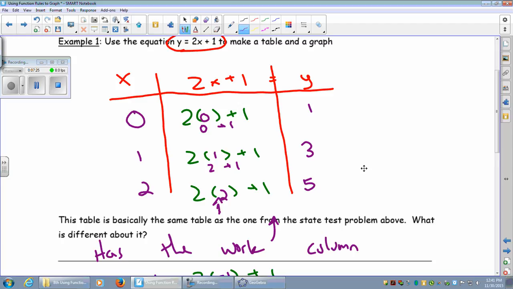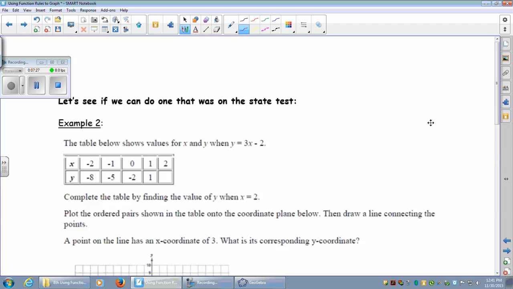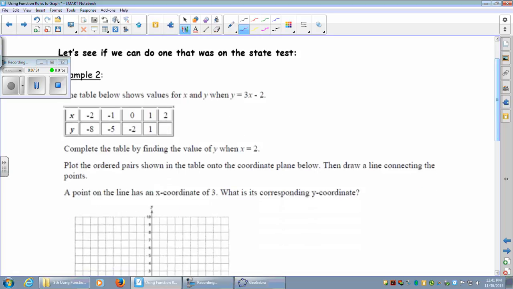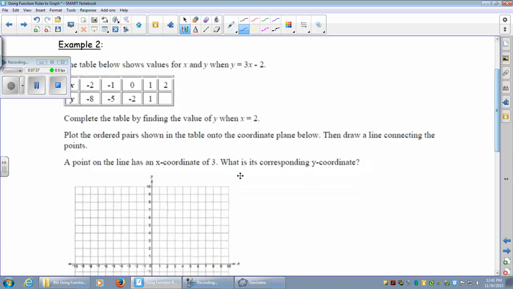All right, so let's take a look at the next example. This is the one that we looked at yesterday. I want to just go over this one again because you guys know what should show up right here. But why don't we make the table that I showed you today? So what happened in the first column of our table? It was x. How about in the second column of our table for this problem?